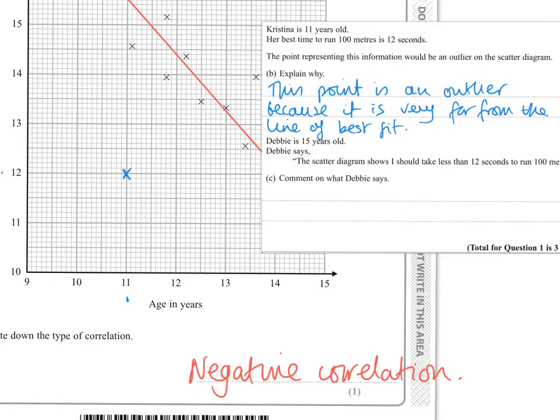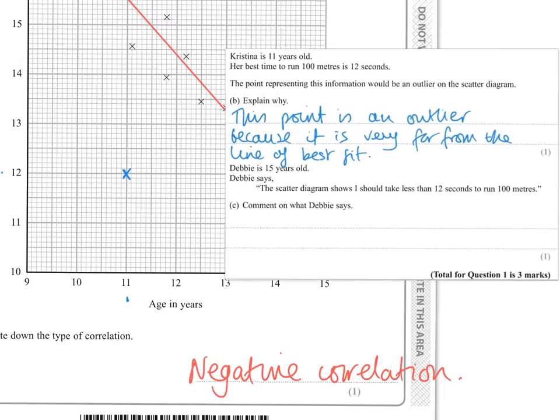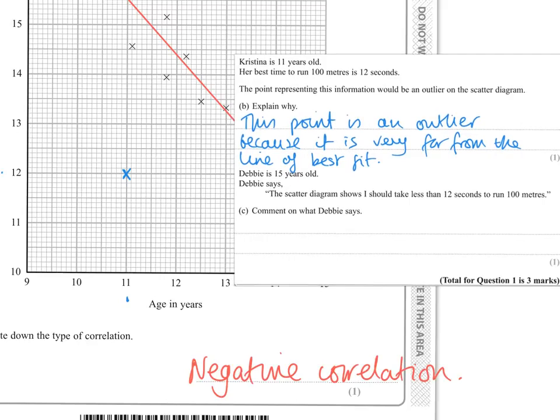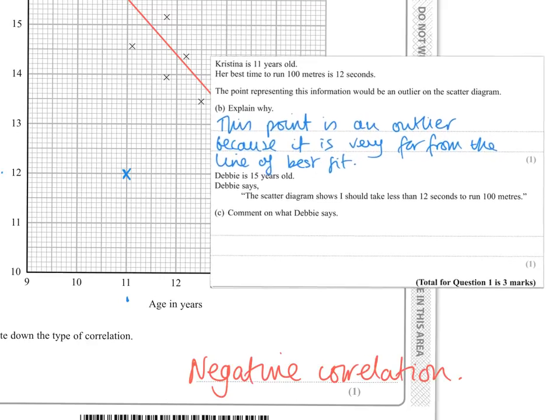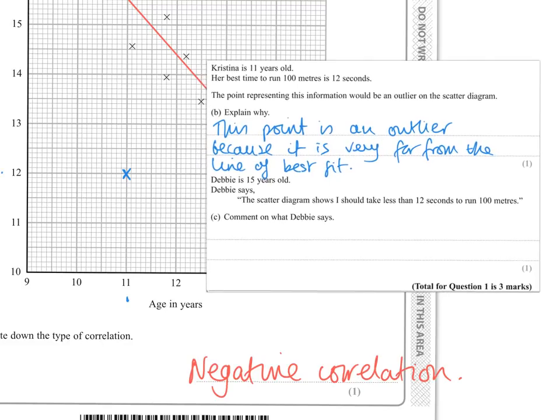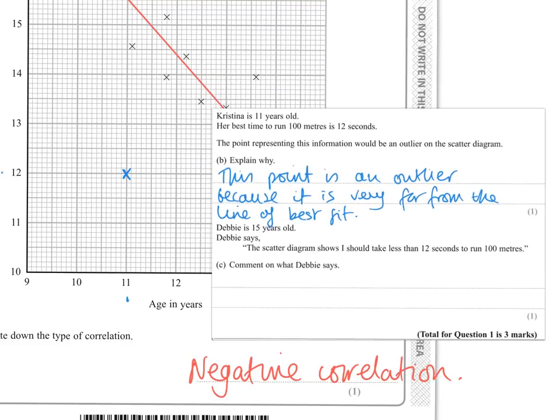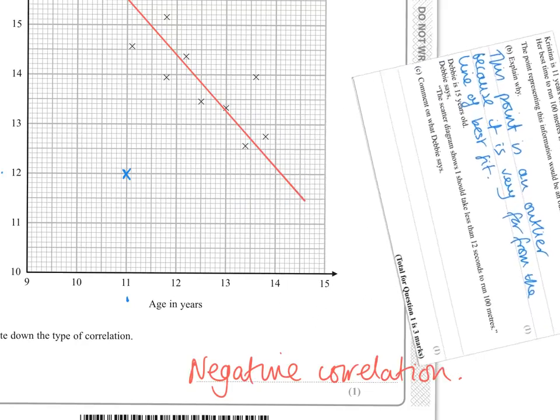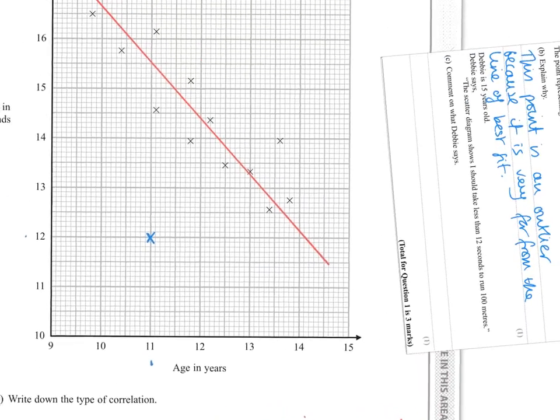Now, the next part says Debbie is 15 years old. Debbie says the scatter diagram shows I should take less than 12 seconds to run 100 meters. Comment on what Debbie says. Well, let's put this to the side for a minute.